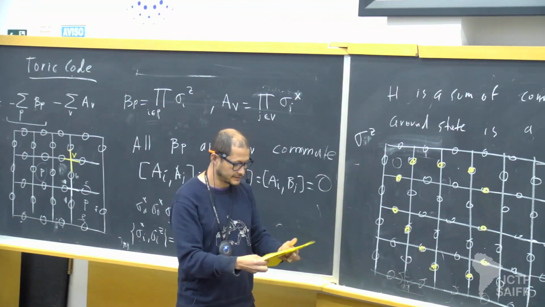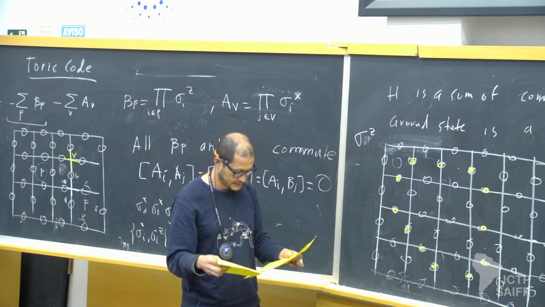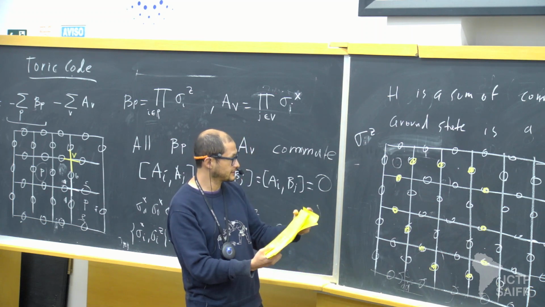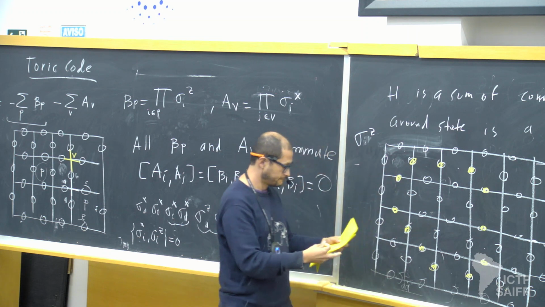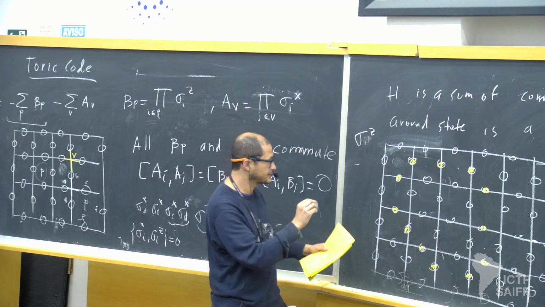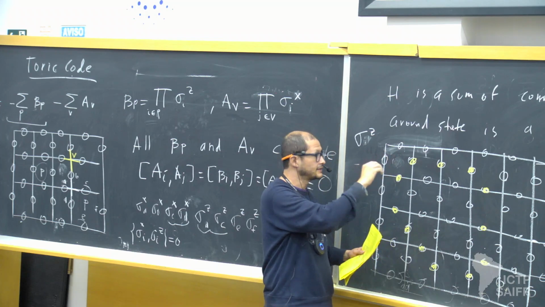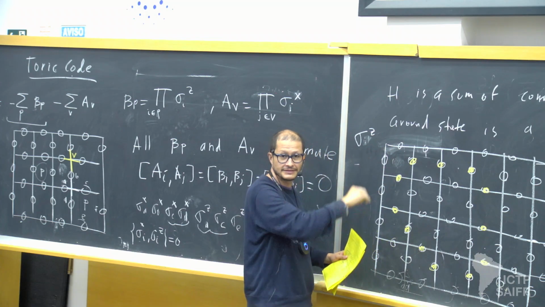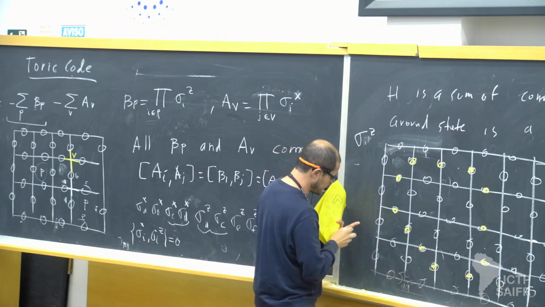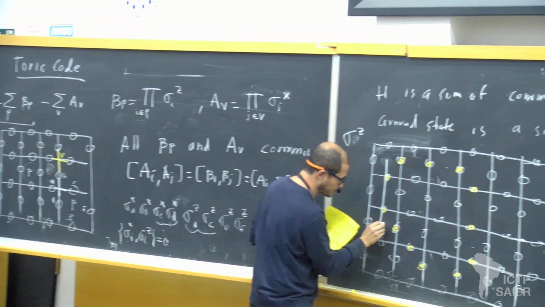The important thing I want to emphasize is that if we connect these spins across lines on the dual lattice of the square lattice, this is what you will see. Let me draw this line here.